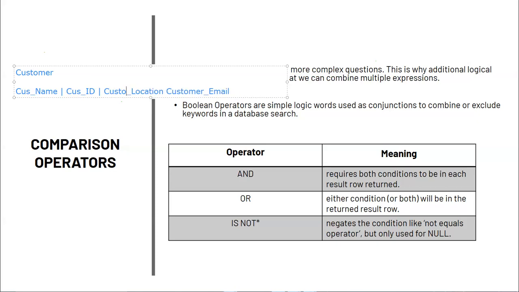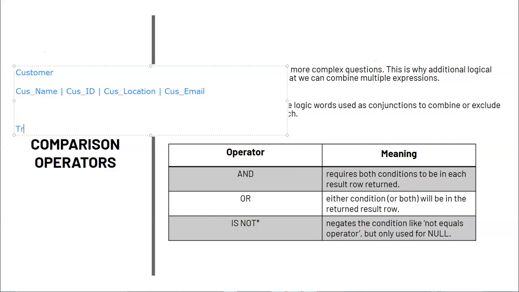Because the whole purpose of having a database is for you to ask questions, and the questions you're going to be asking depend on a few things. For instance, assuming this was a customer table, let's now say we have a transaction table, so that this makes a lot of sense for us.